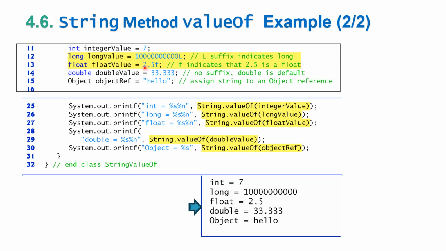Similarly, value 2.5 initialized to variable floatValue has the F suffix to indicate that this value 2.5 is a float value instead of a double value. However, the string representations of the long value and the float value do not include the suffixes.